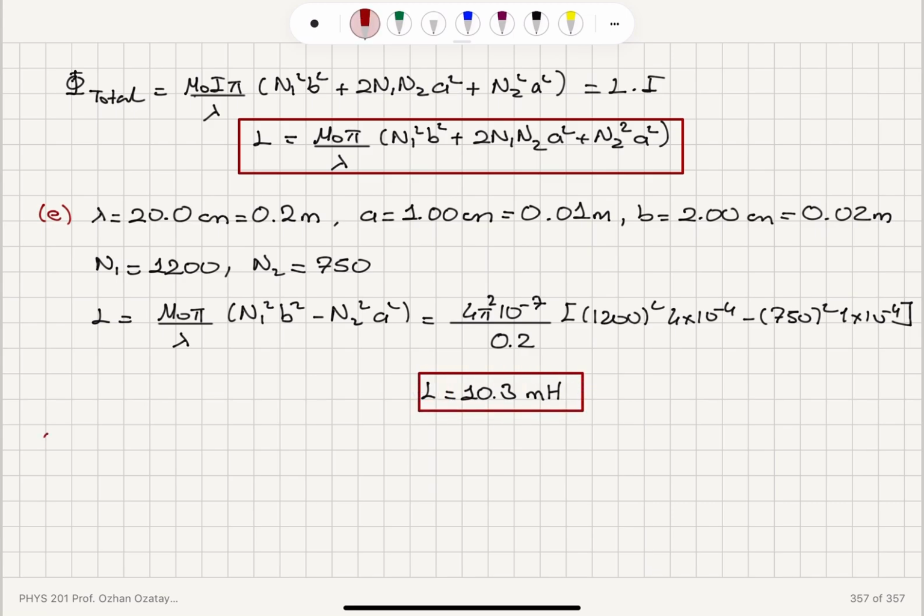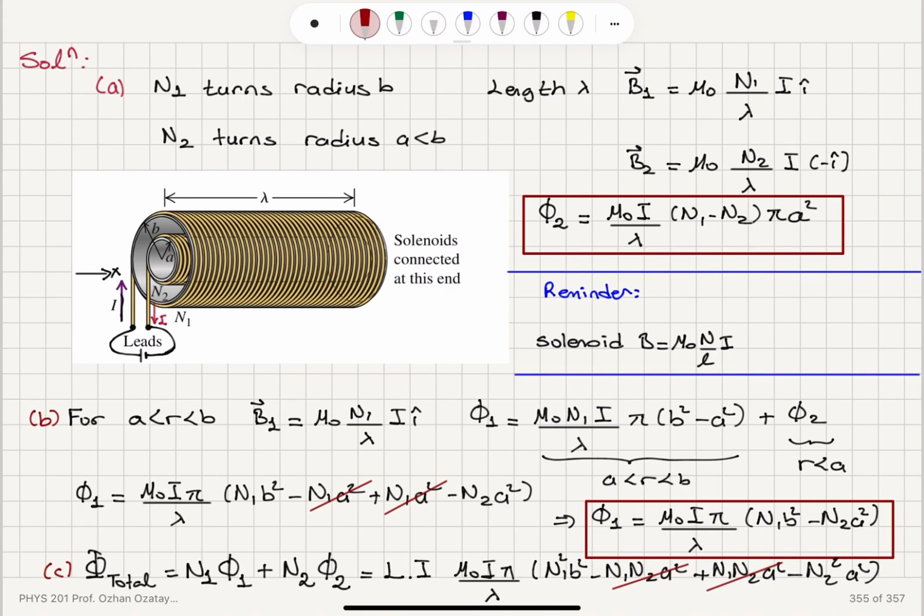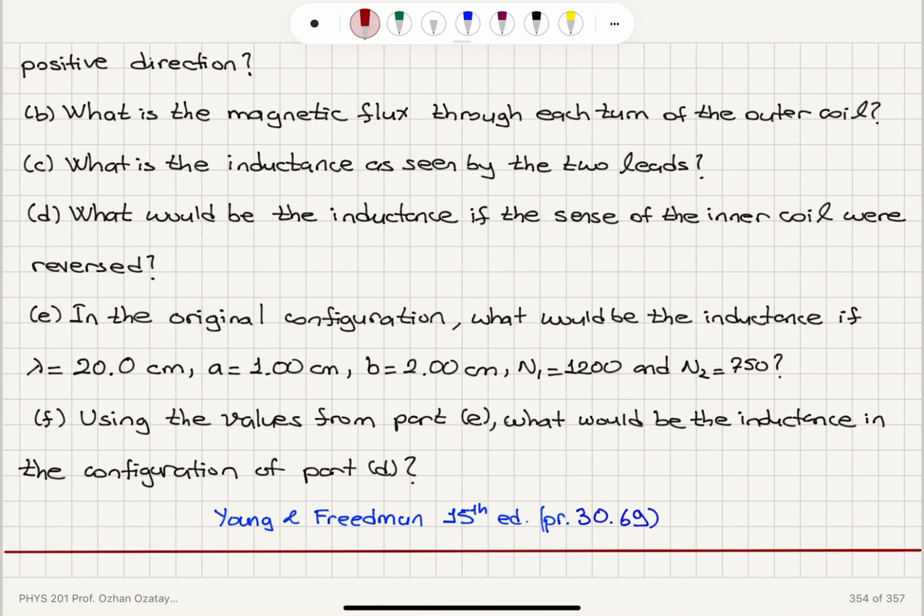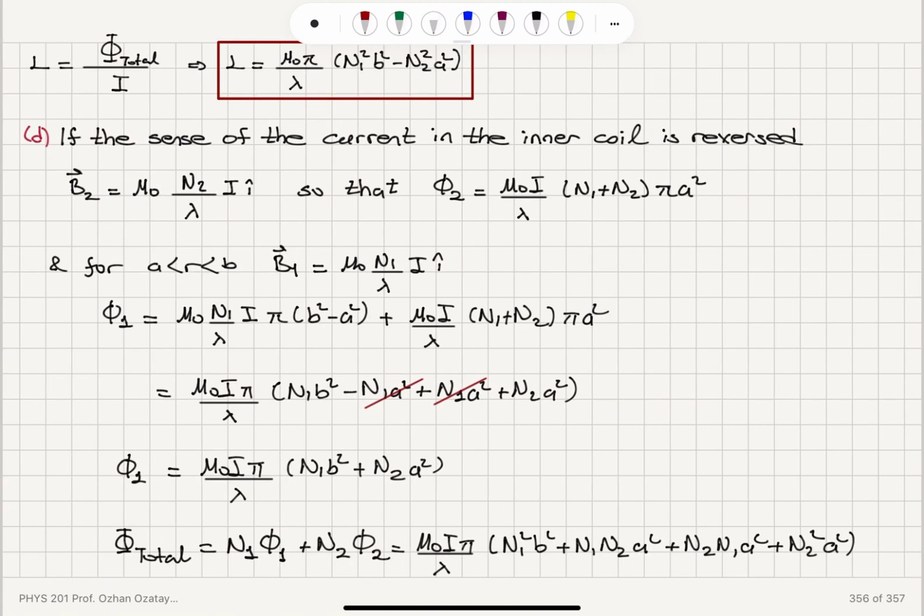Now, if I look at part F, using the values from part E, what would be the inductance in the configuration of part D? That's in the reverse direction.